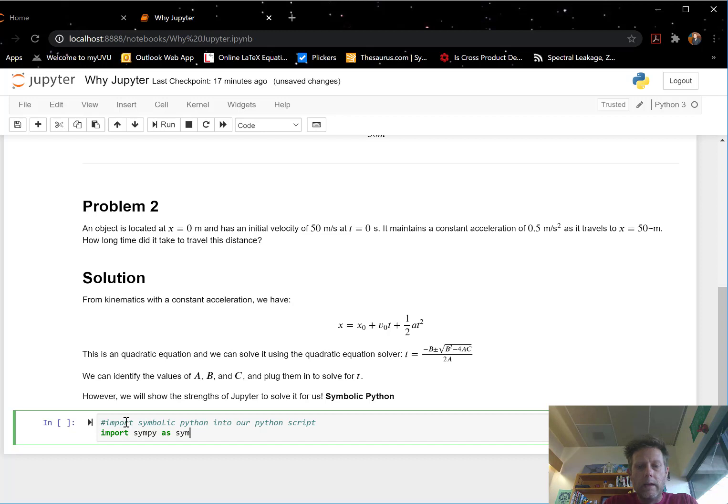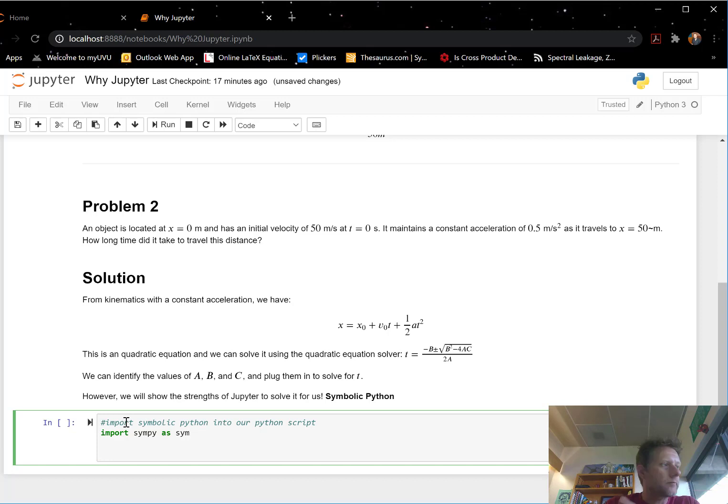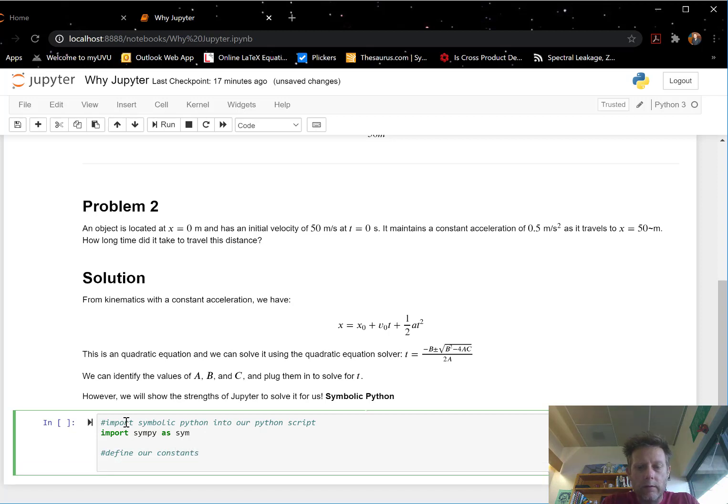Okay. And I can talk to you more about this later on, how we do this, but why we're doing this here. But don't be so concerned about the syntax now. I just want to show you the strength of it. Okay. Then I'm going to define our constants. We have our initial position is equal to 0 meters.